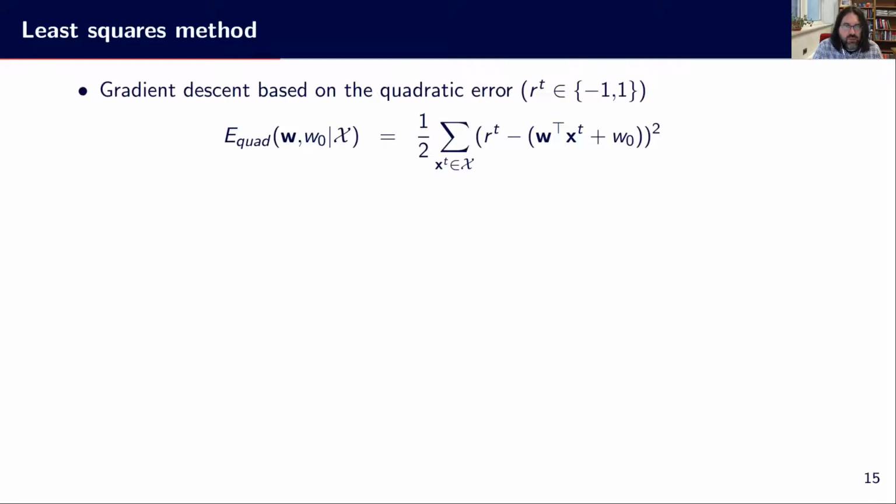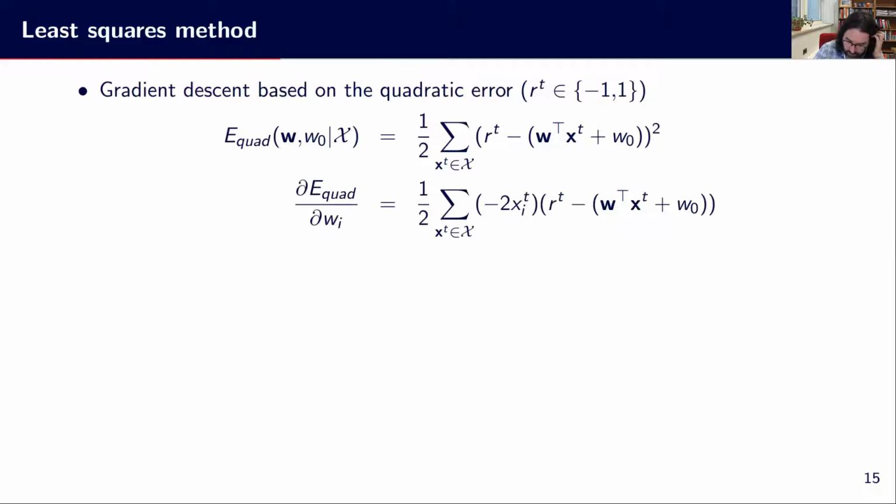Basically, we start from the least squares criterion, the quadratic error criterion that we have defined here. From this, we directly evaluate the partial derivative for w_i. Starting from this, we get this expression. How can we get that?